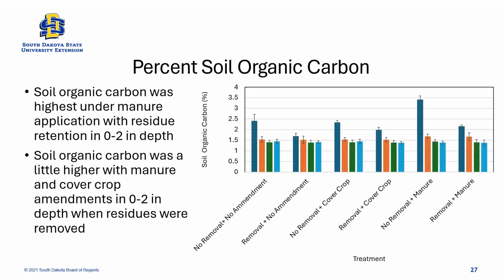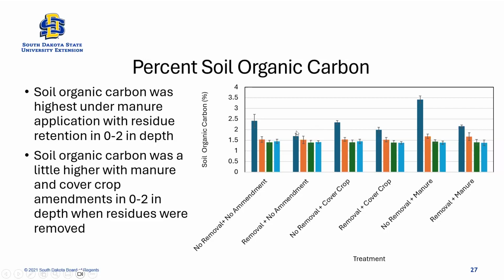And here's the percent soil organic carbon. And adding manure and keeping the residue increased the soil organic carbon by a lot. And the residue removal with no amendment had the lowest soil organic carbon.